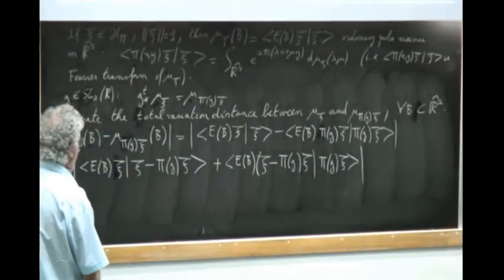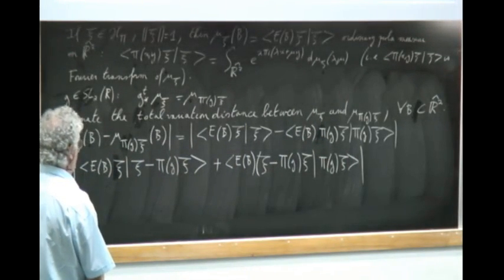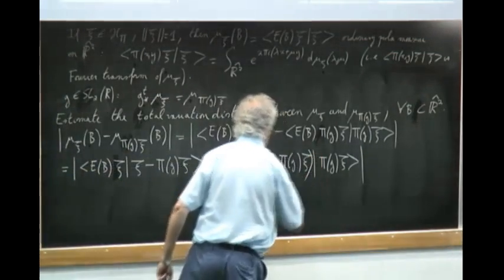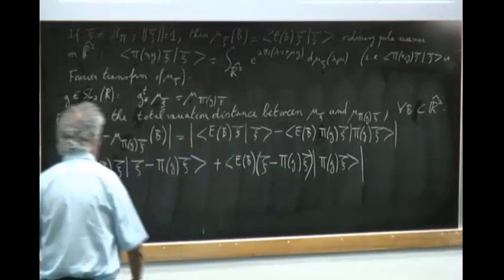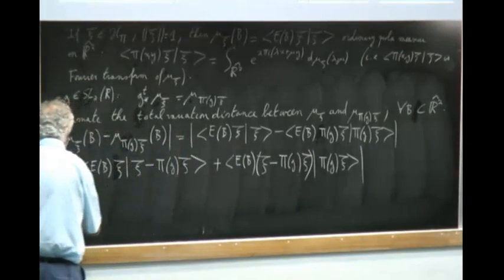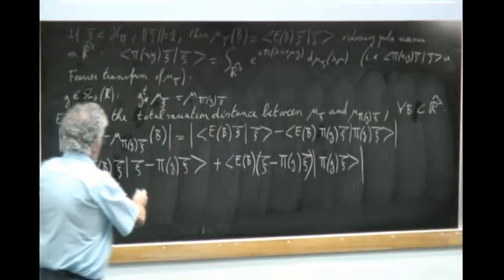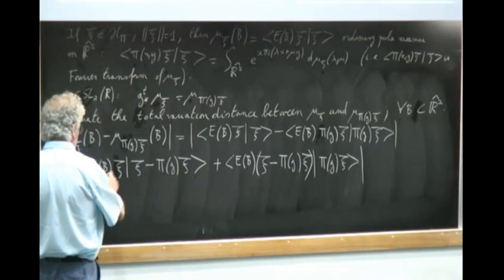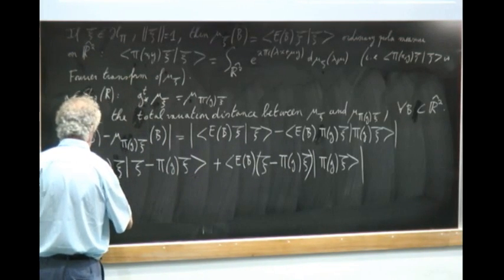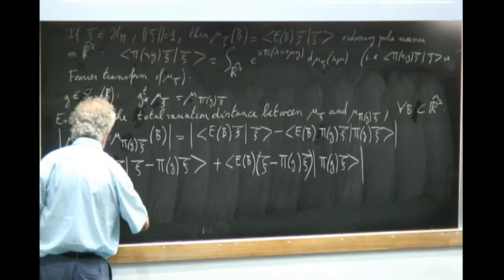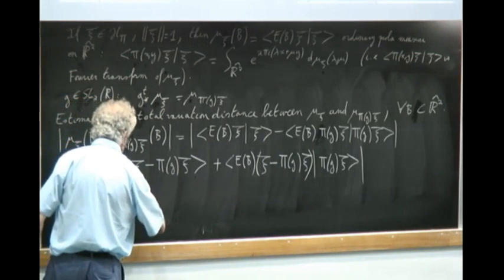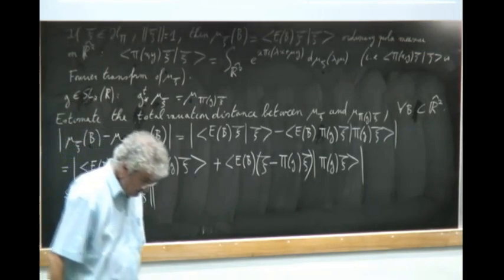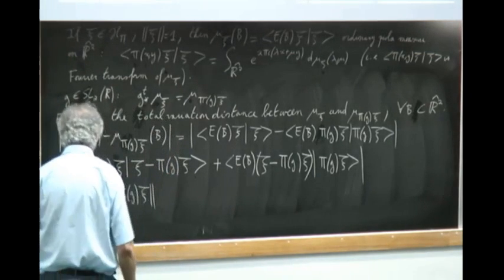And I think that even the signs are correct. Maybe there are some parentheses like that. And so here we apply Cauchy-Schwarz twice, to the effect that this is less than twice the distance between psi and pi of g psi.